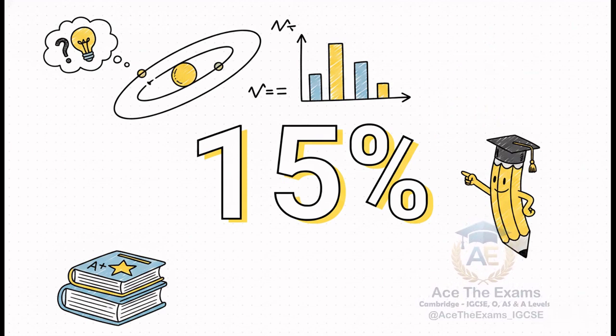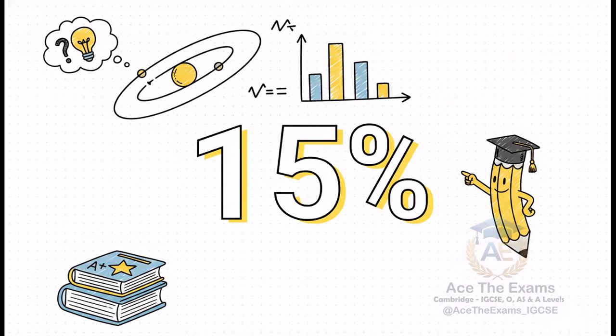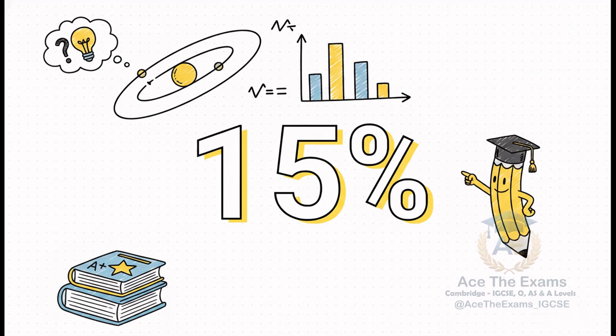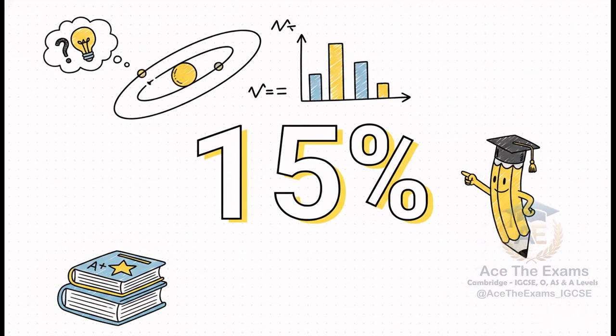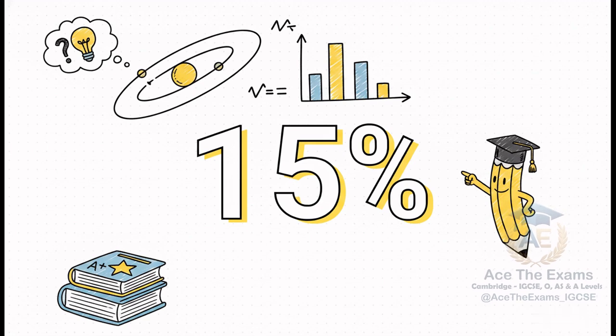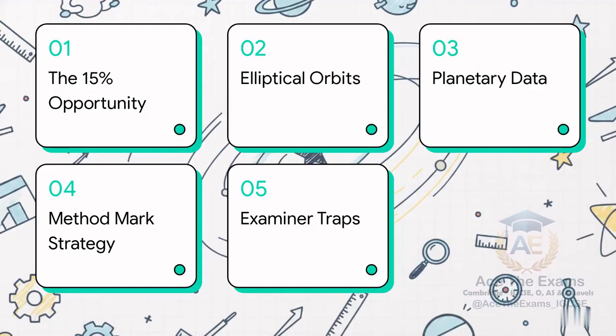Nailing this section is often the difference between jumping up 2 entirely different grade boundaries. But getting that 15% requires so much more than just knowing that the Earth goes around the sun. It demands that you demonstrate higher-order skills like highly precise data analysis and the flawless application of core physical laws to completely unfamiliar contexts.